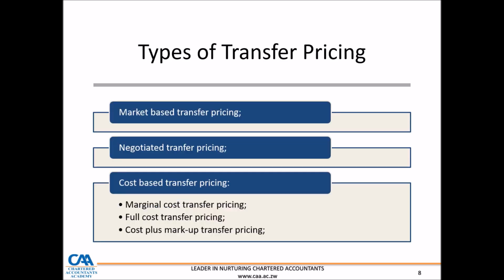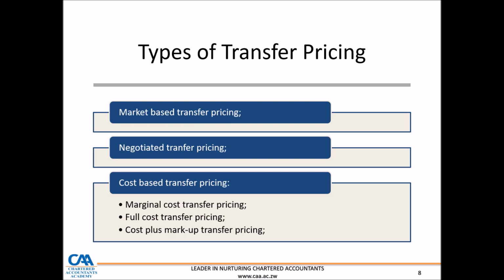Now, let's look at the various types of transfer pricing method that can be used. The first one being a market-based transfer pricing. So this one applies whereby the goods or services being produced by the division or subsidiary which wants to transfer have got a ready market. So let's say we've got division A and division B. The question is, can division A go and sell its goods and services to the open market?